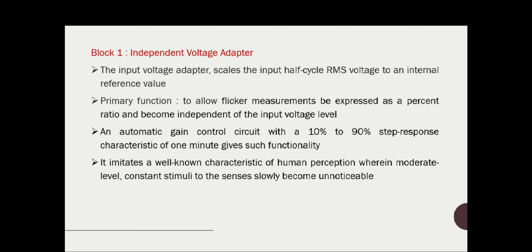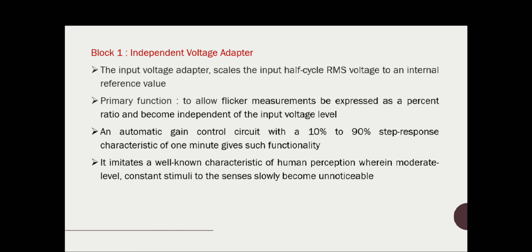An automatic gain control circuit with a 10% to 90% step response characteristic of 1 minute gives such functionality. It imitates a well-known characteristic of human perception, wherein a moderate level constant stimulus to the senses slowly becomes unnoticeable.